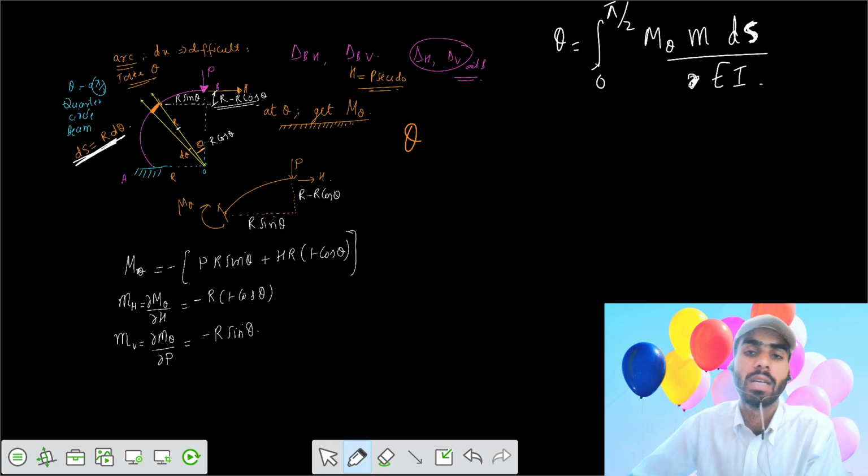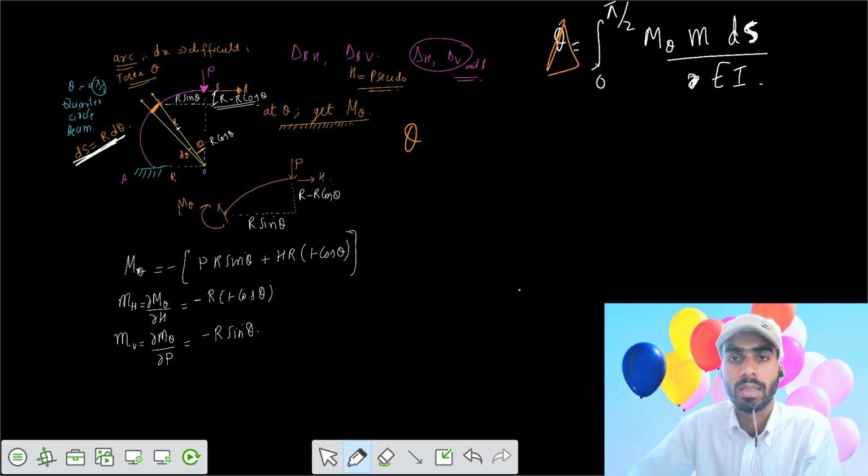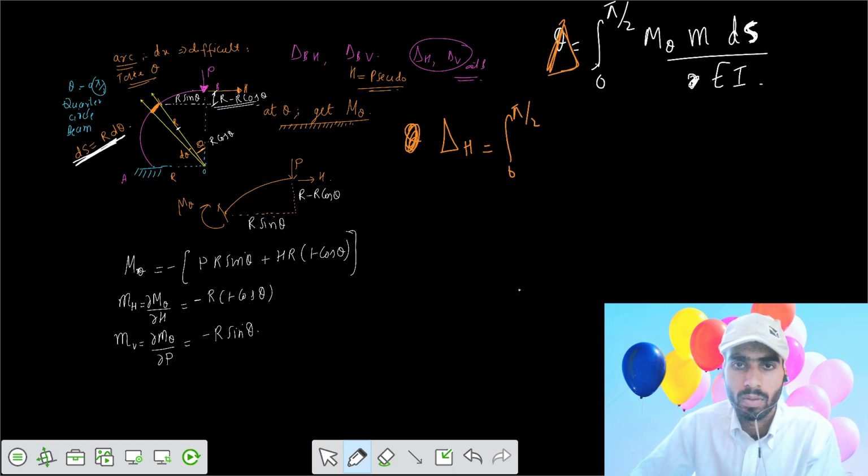This one is your delta. Let's say you want the value of delta horizontal, that equals the integral from 0 to pi by 2 of the value of the moment at theta, that equals minus P R sin theta plus H R times 1 minus cos theta.